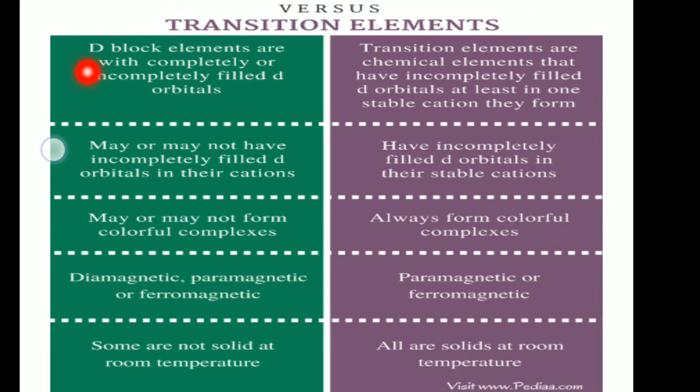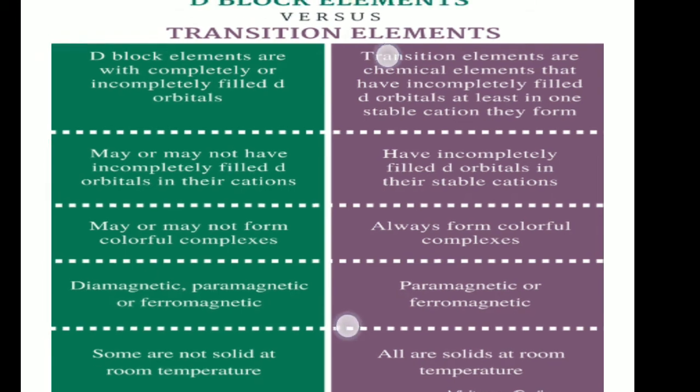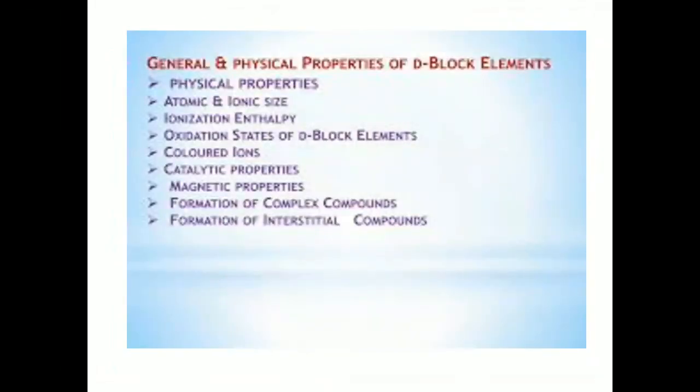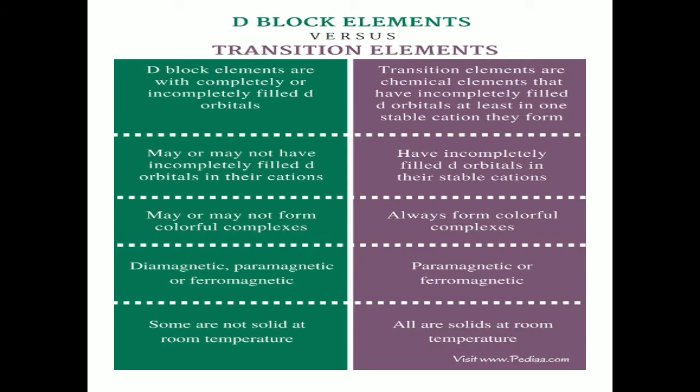So all types of liquid and solid metals can be present in d block elements, whereas in respect of transition elements, all are solids at room temperature. These are the differences between d block elements and transition elements.